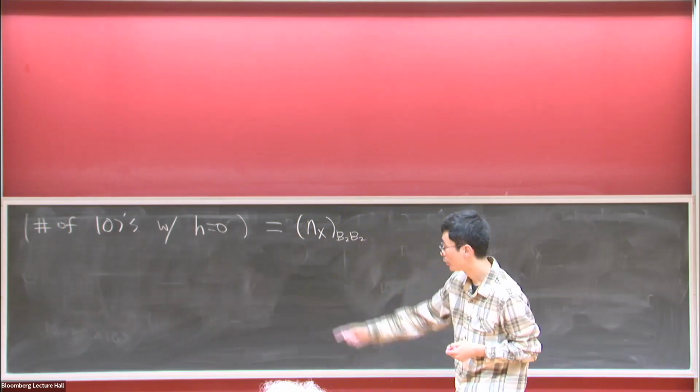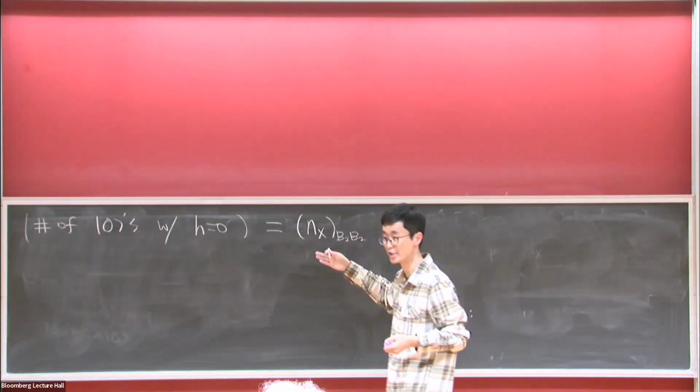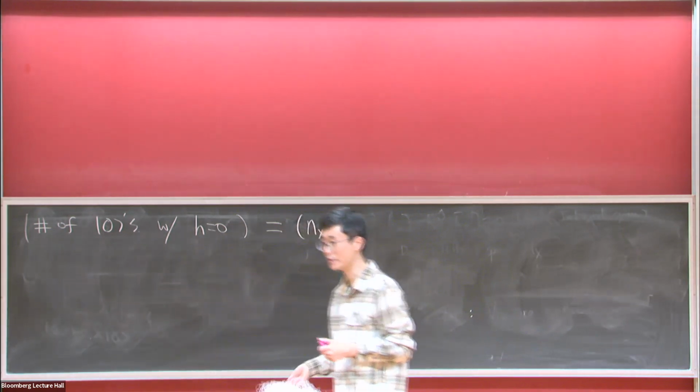And then, as Juan pointed out before, this number could be zero. In this case, you just don't have such a choice.